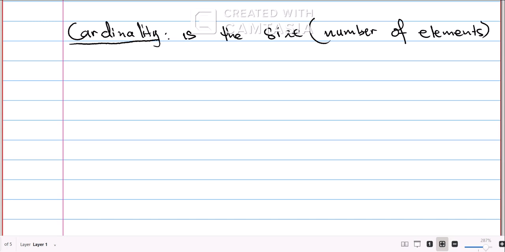So the cardinality is the size, or the number of elements in the set.